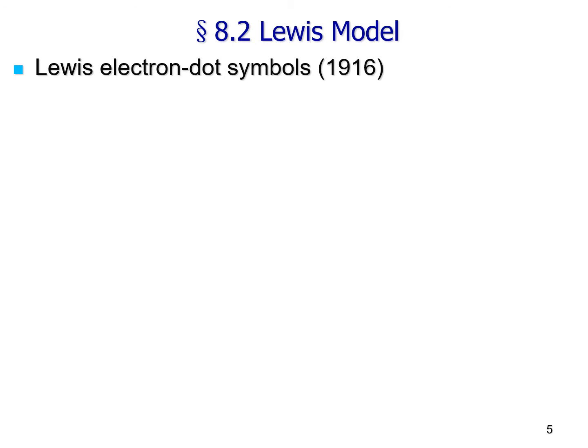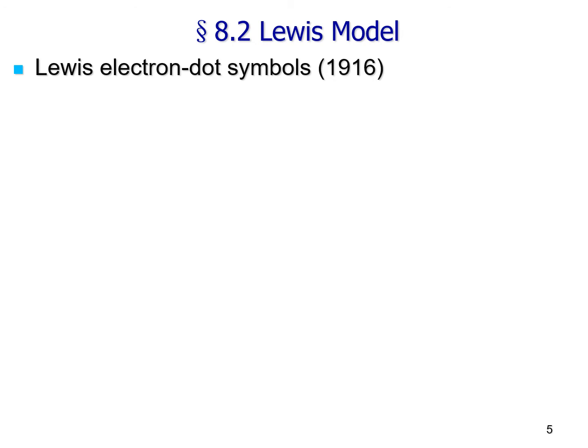In 1916, he published an article. This article made chemistry very much different from then on, because he just used a very simple idea to explain molecules or compounds so complicated, so beautifully, so splendid, and sometimes people even without a math background can understand the whole thing.